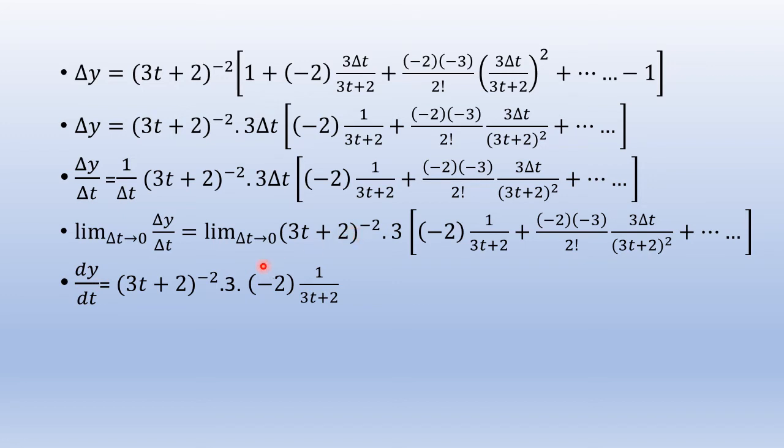This term is as it is, this 3 as it is, this minus 2 as it is, this term as it is, and then all the next terms are 0. So simplify this thing, you will get minus 6 and (3t + 2)^(-2), and there is a minus from here and we get this thing as the answer. Let's get to the next question.